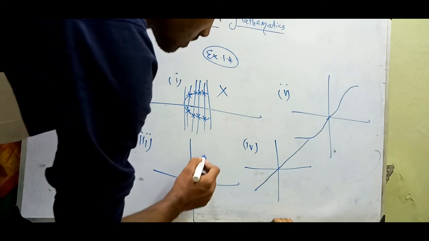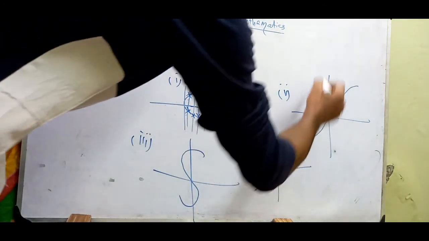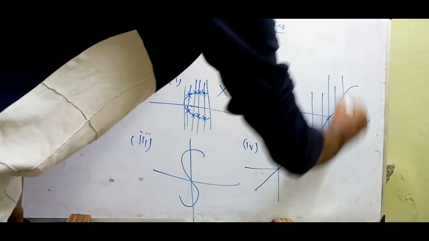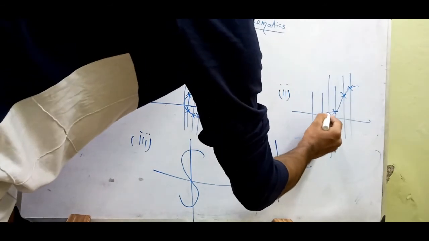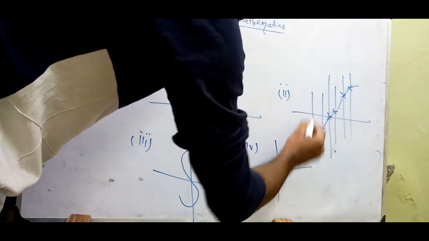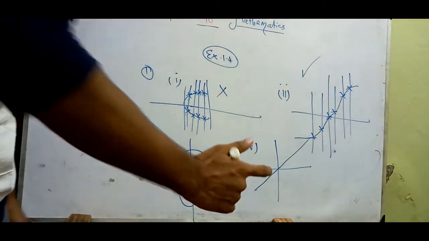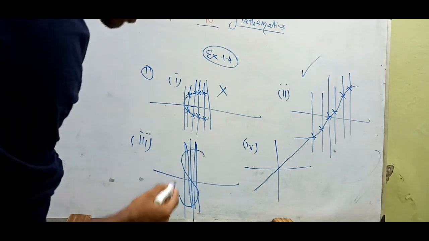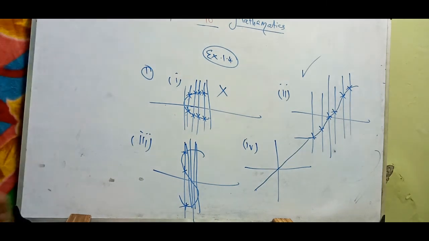The third one is, okay, so what about the second one? If you put the vertical line, each vertical line cuts the graph at exactly only 1 point, so we can clearly make sure that the given graph is a function. What about the third one? The third one is not a function because the vertical line cuts the graph at multiple points, more than 1 point.